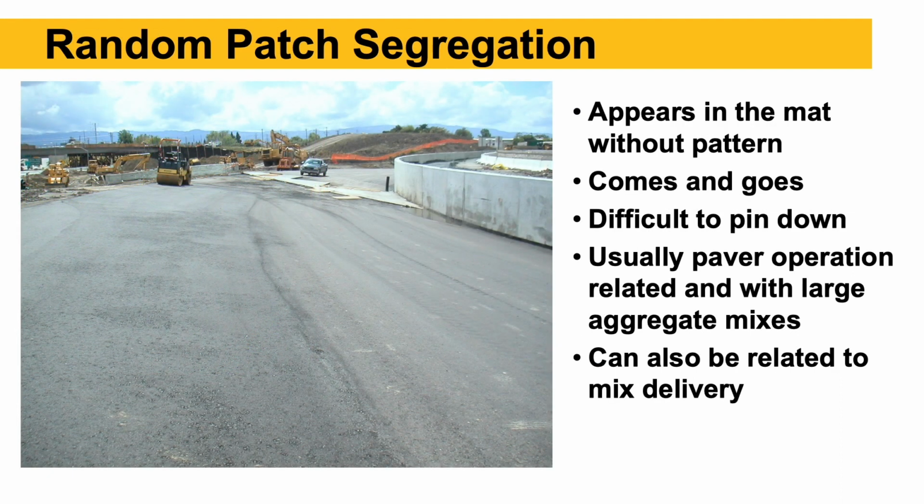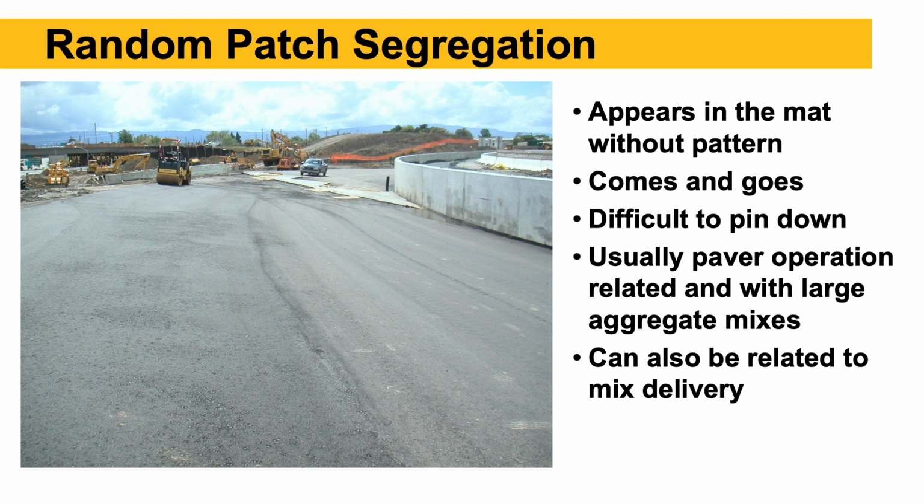This slide shows some random patch segregation. It appears in the mat without pattern, comes and goes, and is kind of difficult to pin down. It can be a mix delivery problem, and that's why we're showing it here in this presentation. It's usually related, again, to those large stone or large aggregate mixes, end of truckload, that sort of thing.